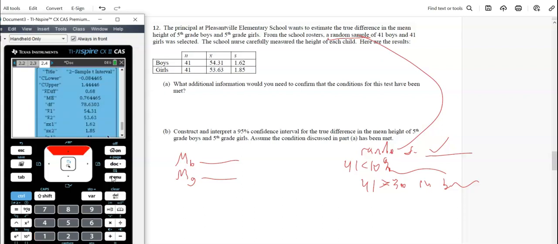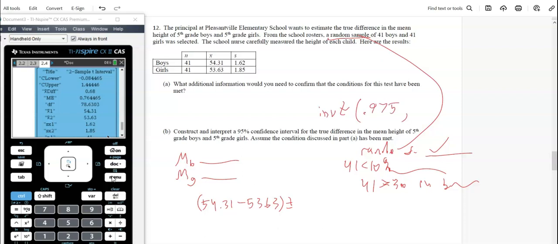That's actually really helpful. So now we can plug into our formula, I believe. So it's going to be 54.31 minus 53.63. That's like our first thing, plus or minus. You're going to want to figure out the t critical value. So the command would be inverse t, because 95 would be 0.975.